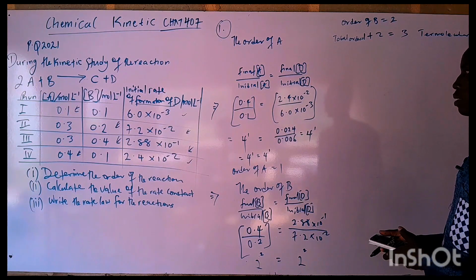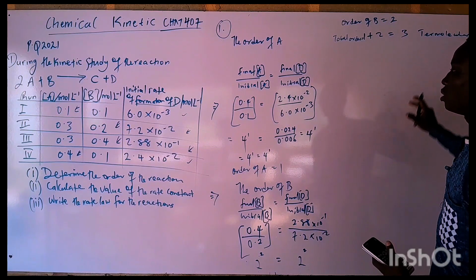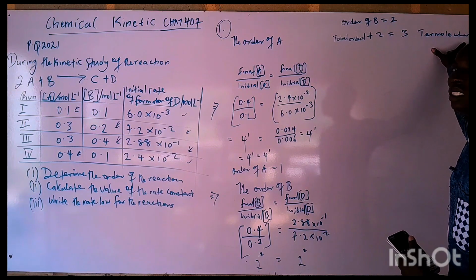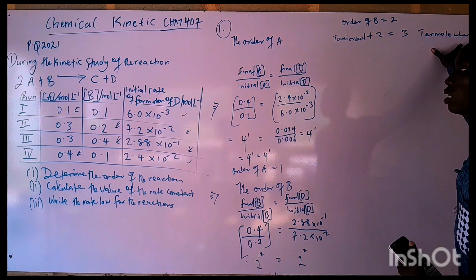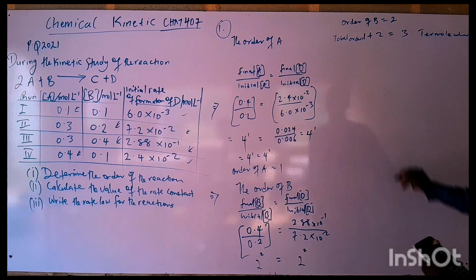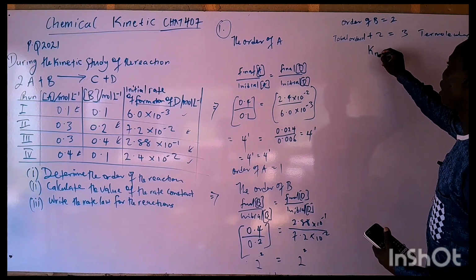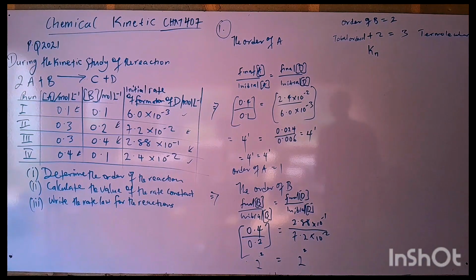Now, with respect to what we have in this place, the question says determine the order of the reaction. So this is the order of the reaction. As you can see now, it is third order in nature. Let us proceed to the next question that says calculate the value of the rate constant. The value of the rate constant, which is the Kn, is what the question says you should look for next.